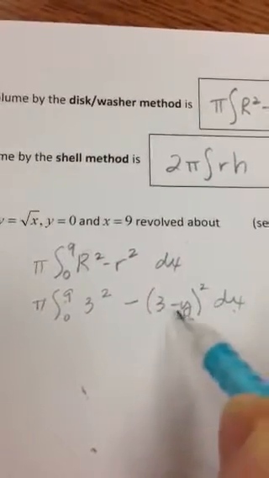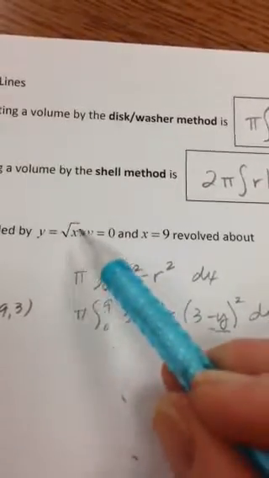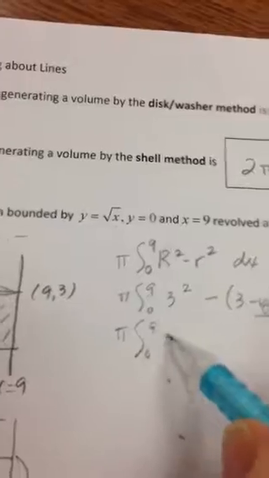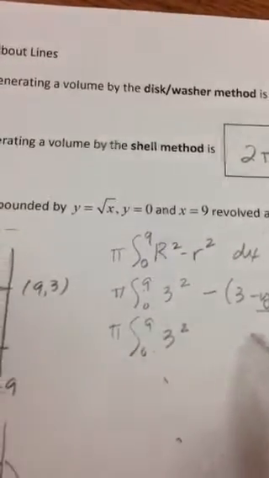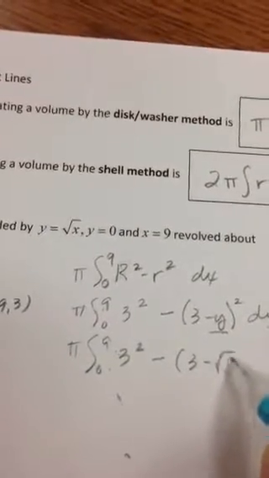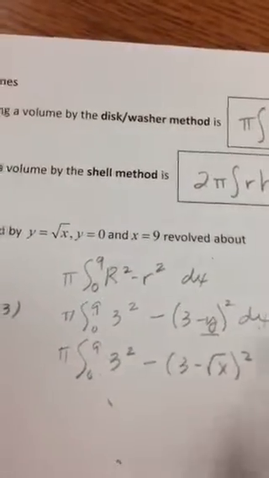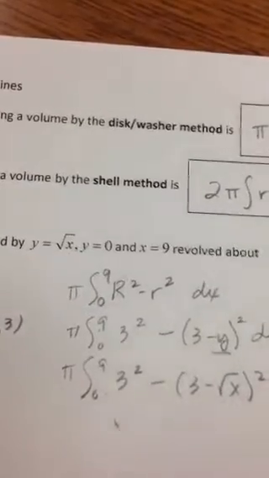So I'm going to re-express this y in terms of x. So I'm going to rewrite this as pi integral 0 to 9, the large radius 3 squared minus the small radius, 3 minus root x quantity squared, dx.